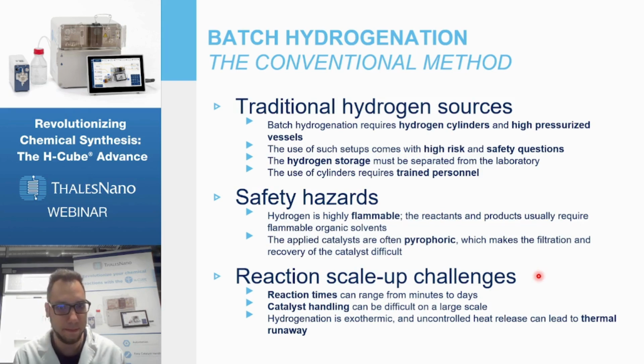And if the reaction is, for example, exothermic, which hydrogenations often are, you get hotspot formations or thermal runaway phenomenon in your reaction mixtures. So it's never easy to scale up a batch experiment. And that's why flow chemistry is even more advantageous. We will also discuss this in a little bit more detail because scale up becomes much more convenient and much more safe.